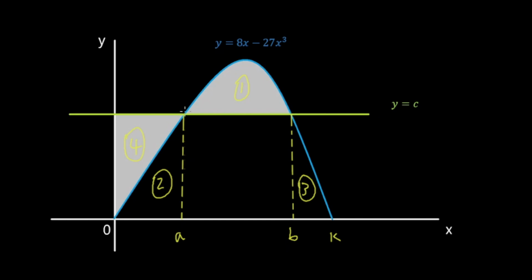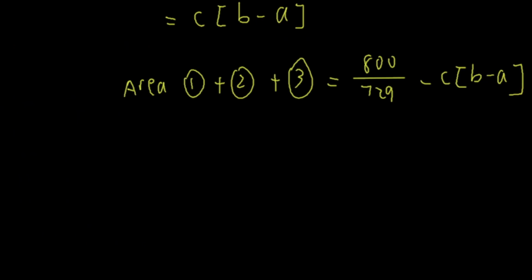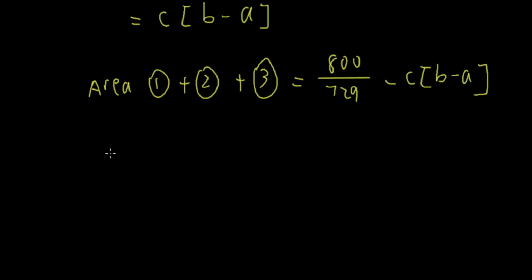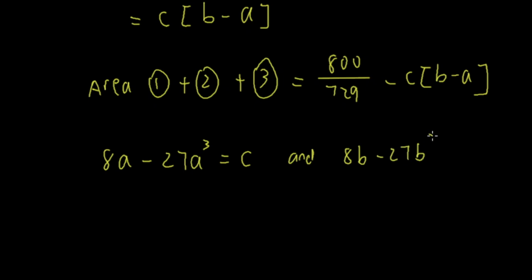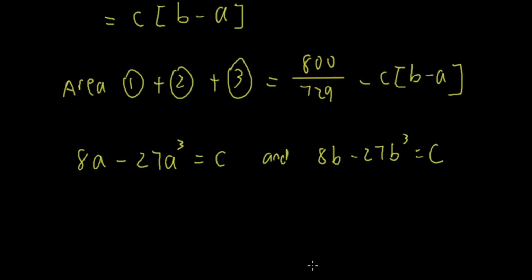So if I put value A into x here, I get y equals C. If I put value B into x here, I still get y equals C. So I can write this: A times A minus 27 times A cubed is equal to C, and A times B minus 27B cubed is equal to C as well. We will use this information later.